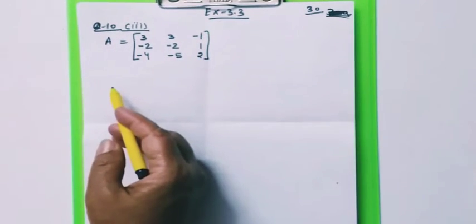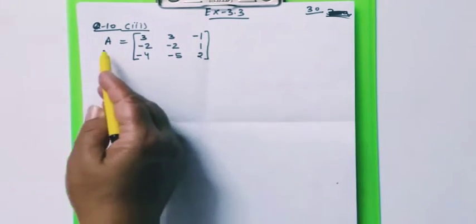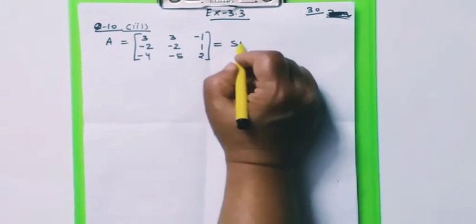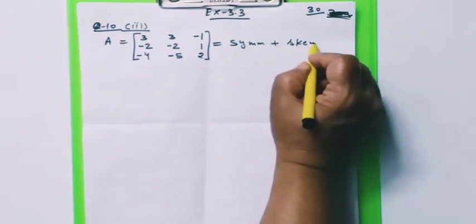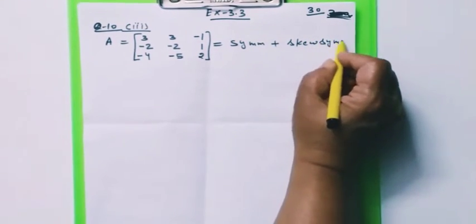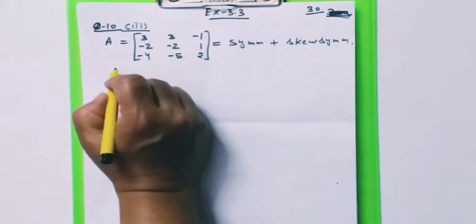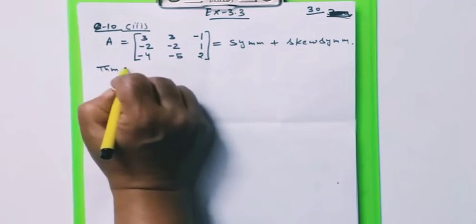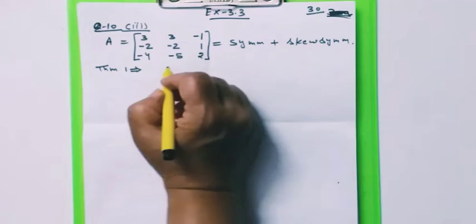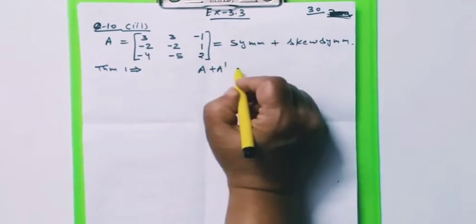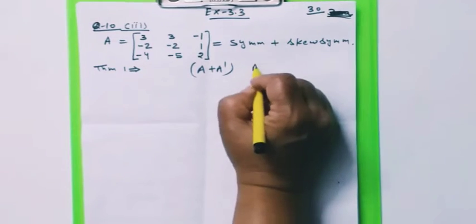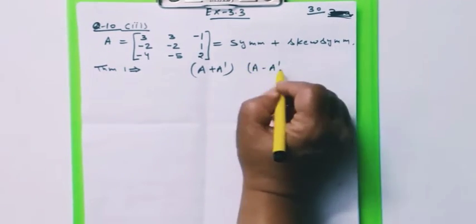Question number 10, exercise 3.3. Question 10 says that express this matrix as the sum of a symmetric and a skew symmetric matrix. So we use theorem 1. Theorem 1 says that A plus A dash is symmetric and A minus A dash is skew symmetric.